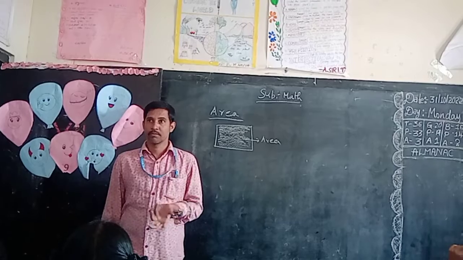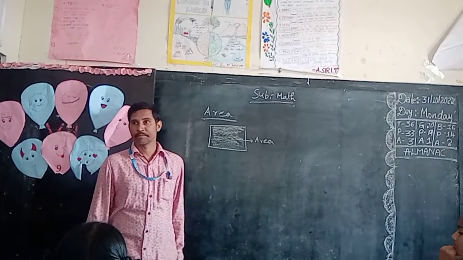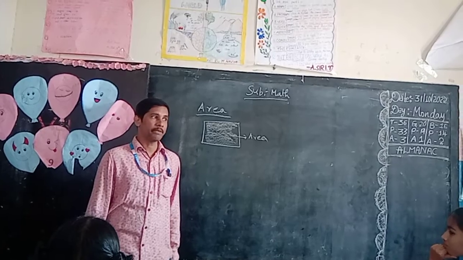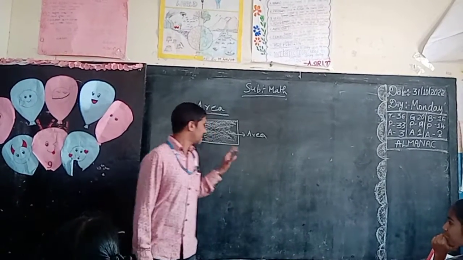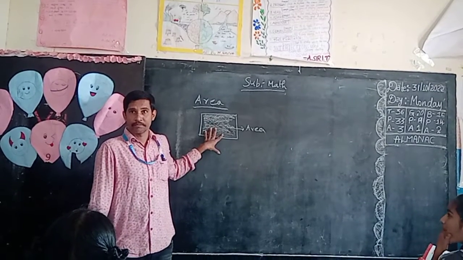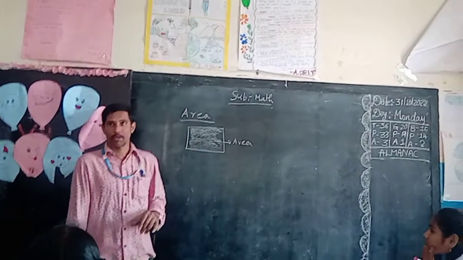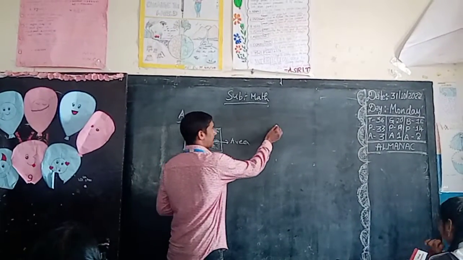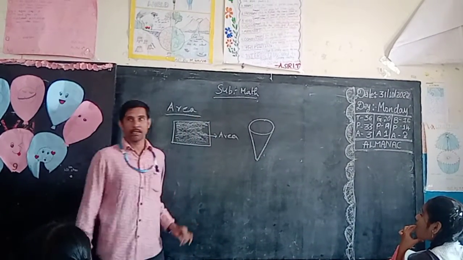Then what is volume? Can anyone say what volume is? Volume means, suppose this is a plane figure or a solid figure. Suppose you take some solid figure, for example, I'll take a cone.